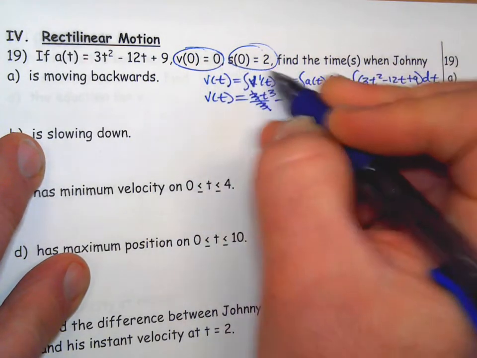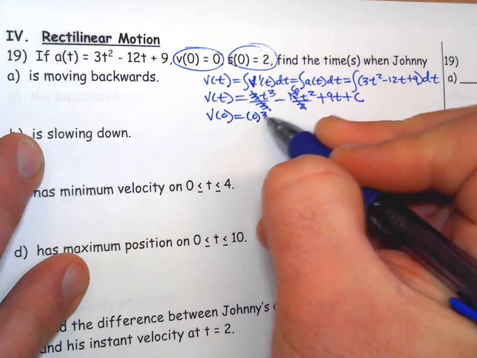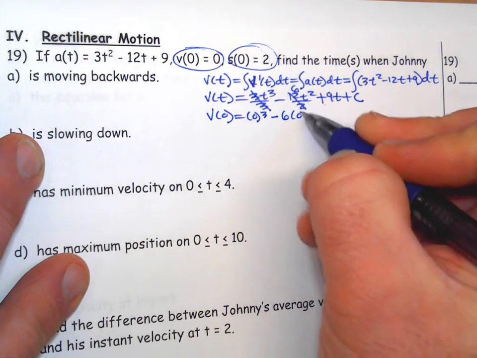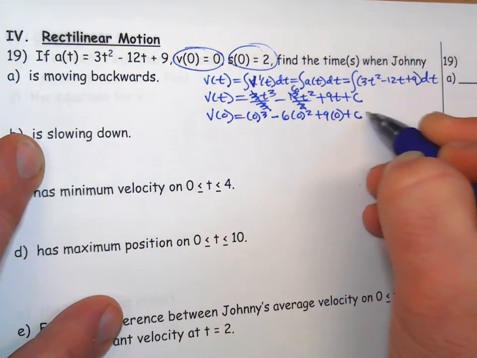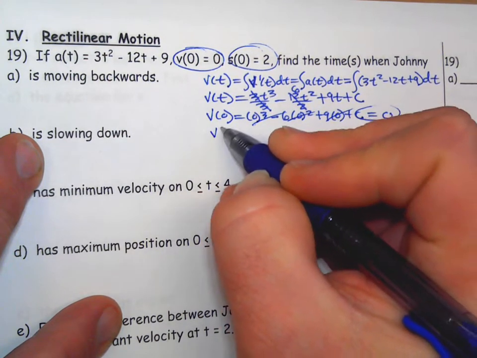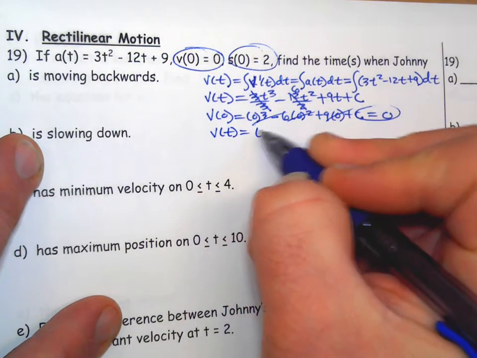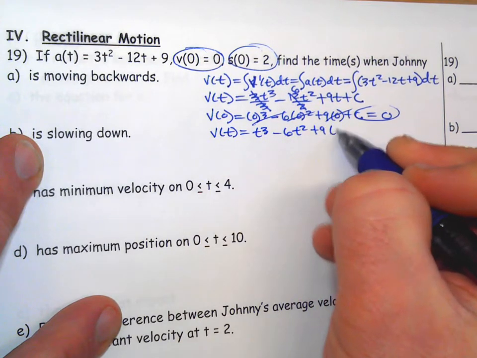When you use the initial condition for velocity, plug 0 in, it should give you 0. Those are all 0, so c is 0. So your velocity is officially t cubed minus 6t squared plus 9t.